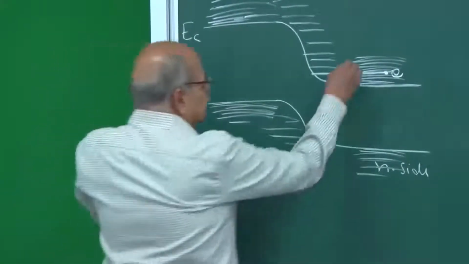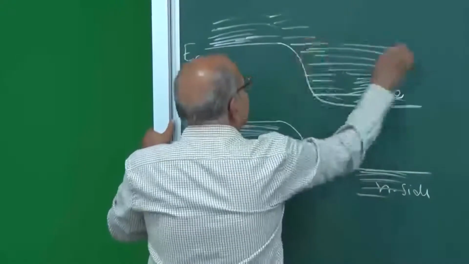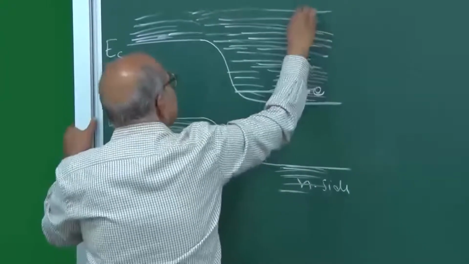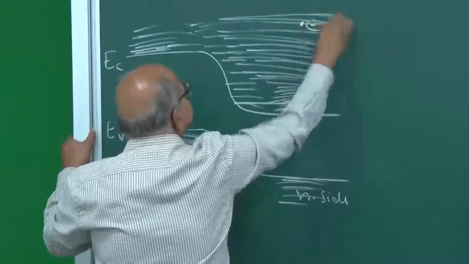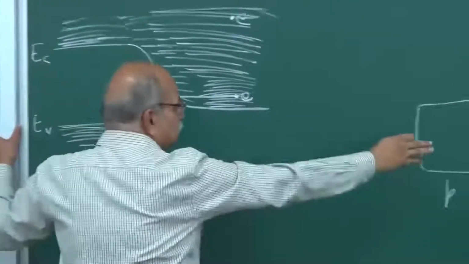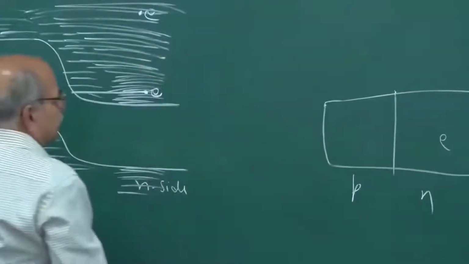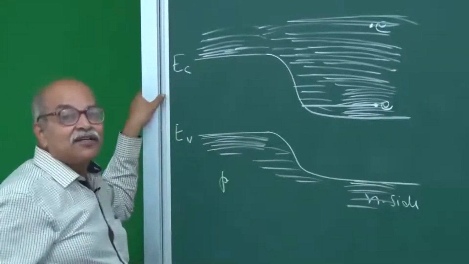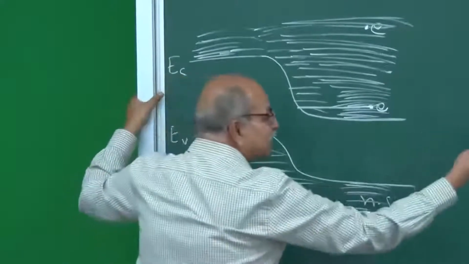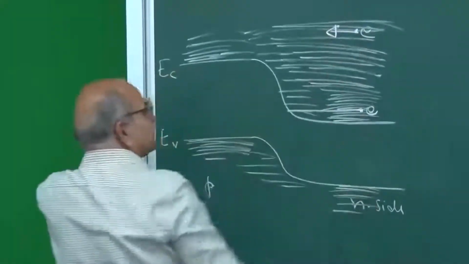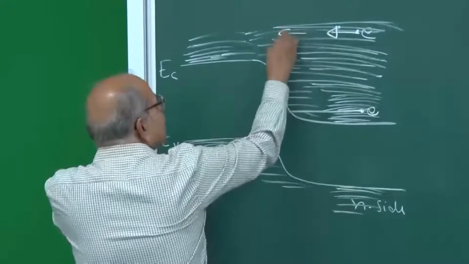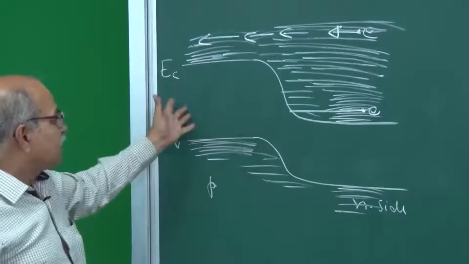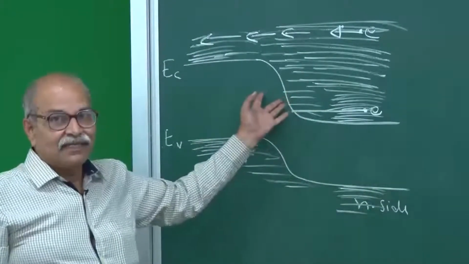But all these are quantum states, and if you have an electron in this quantum state, again a conduction electron in the n side, but occupying a much higher quantum state, and it moves in this direction, then with that same energy it can completely go into the p side, it can cross the depletion layer.